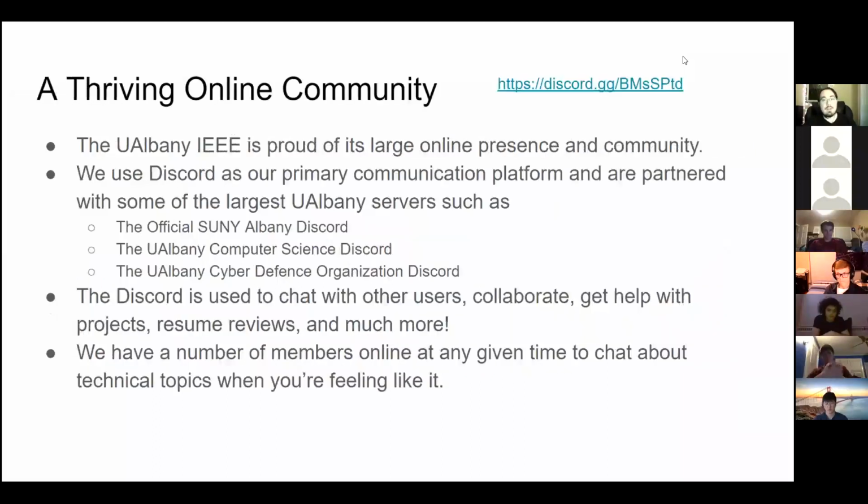So the best part about the IEEE, I maintain this, the IEEE student community, is we have a thriving Discord server, which we have partnered with the official SUNY Albany Discord, the UAlbany Computer Science Discord, and the UAlbany CDO, which is great. I'm a big fan of all of this online collaboration.